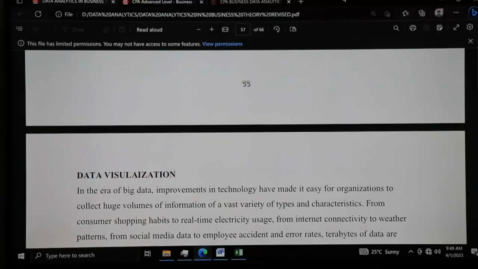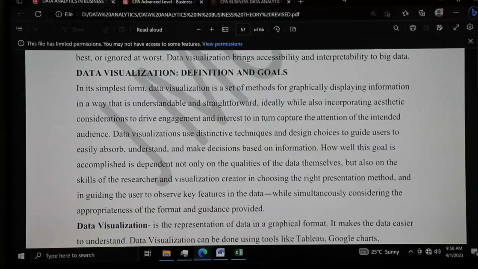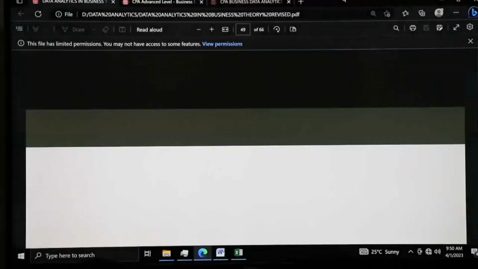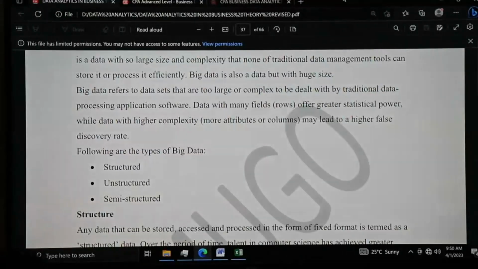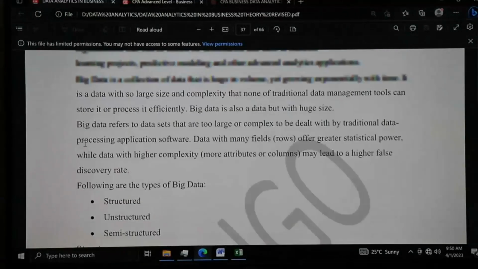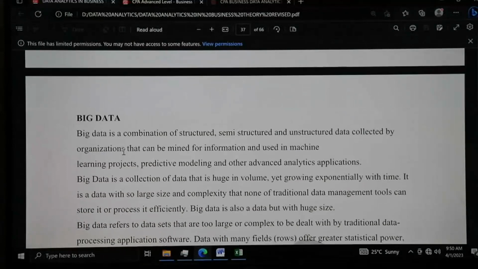And that concept of big data is actually just below business analysis. That combination of structured and semi-structured data collected by an organization can be mined for information and used in machine learning.